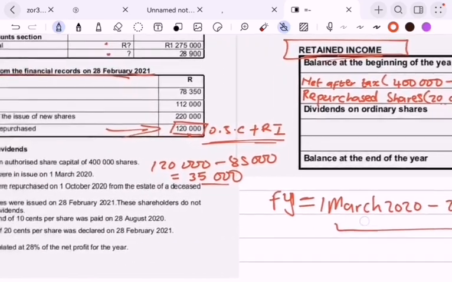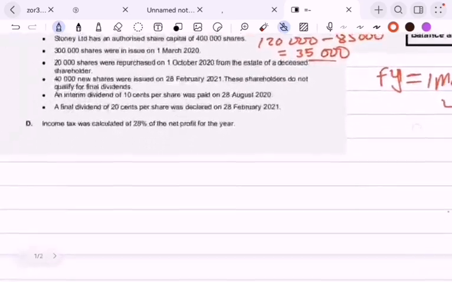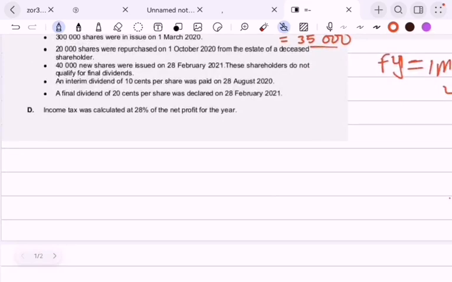Beautiful. But let's do it the other way around. The way we are used to it. So we obviously know that, okay, not all of us, but this beautiful triangle was taught in grade 12 back in high school. So you have CFS, OSC, which is your ordinary share capital. CFS is cash flow statement. Then you also have your retained income.